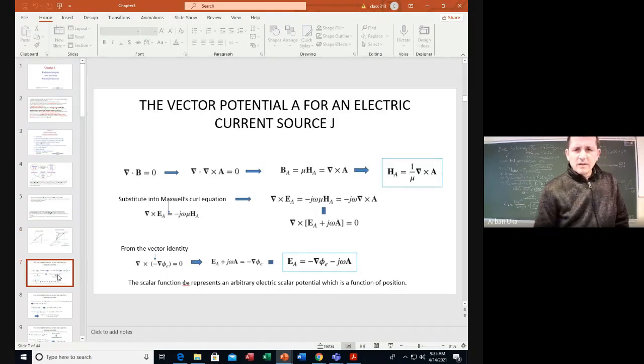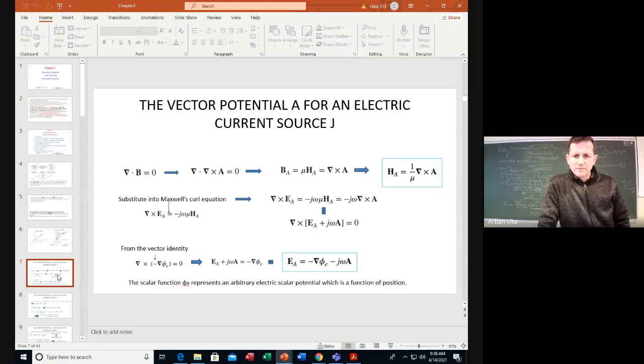Now, for the vector potential that we can find for an electric current source J, we can use the expressions that we see here. The very first expression is a postulate: the divergence of B is equal to 0. Since the divergence of B is equal to 0, based on vector properties, B can be written as the curl of another vector potential A, and we call this one the magnetic vector potential.